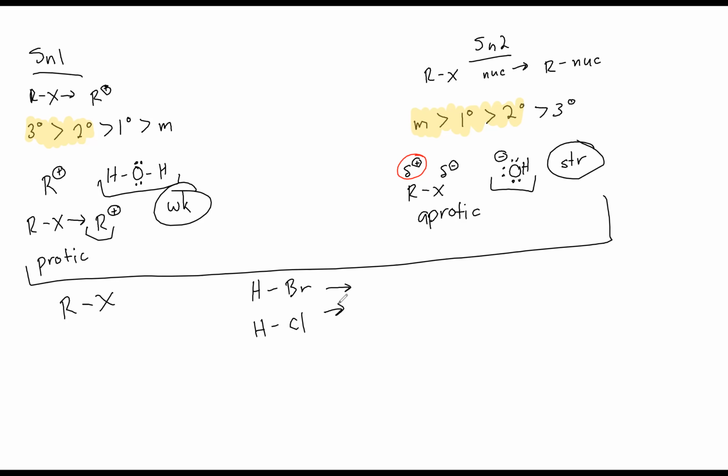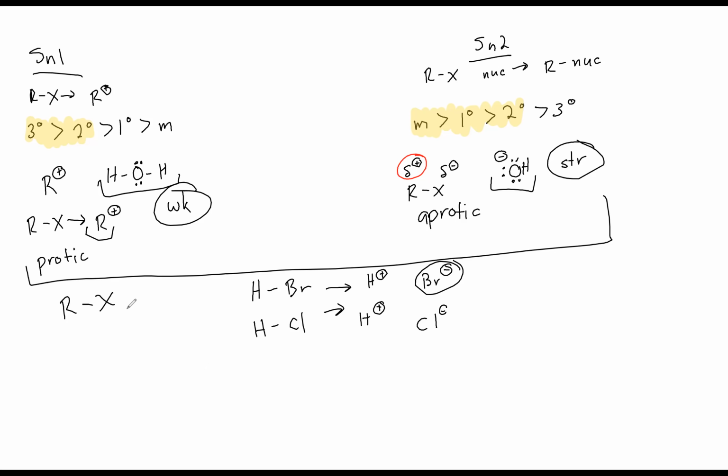Yes, so HBr is going to be more acidic because Br minus is more stable than Cl minus, because Br minus is bigger. And the bigger of an atom you are, the better you take a negative charge. The same thing applies here.